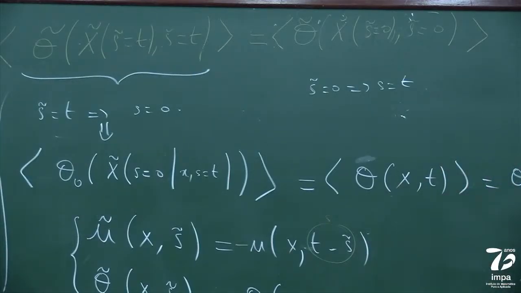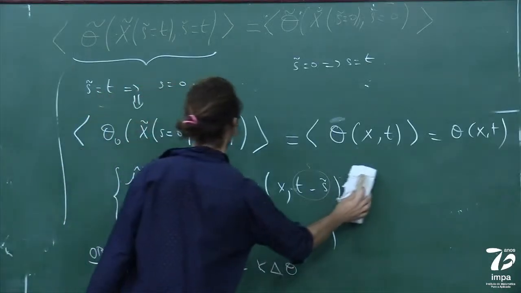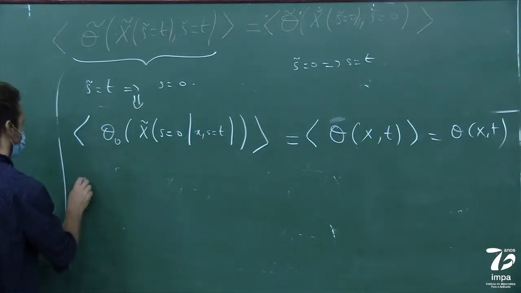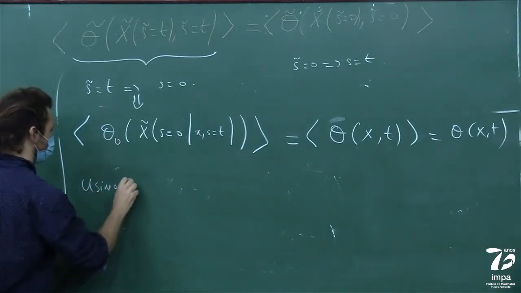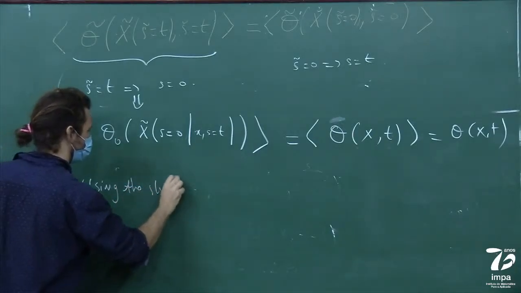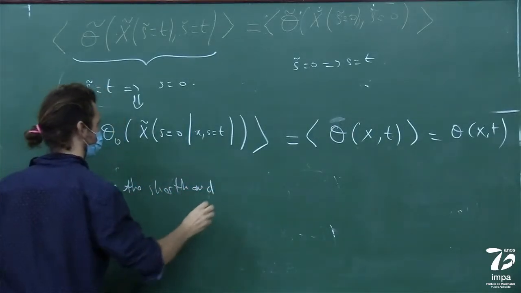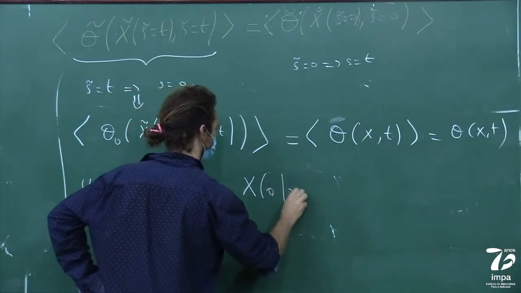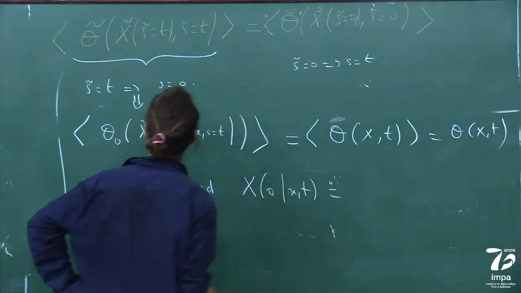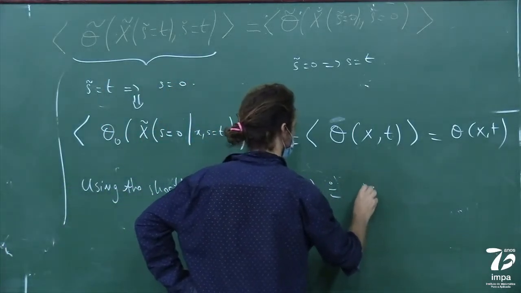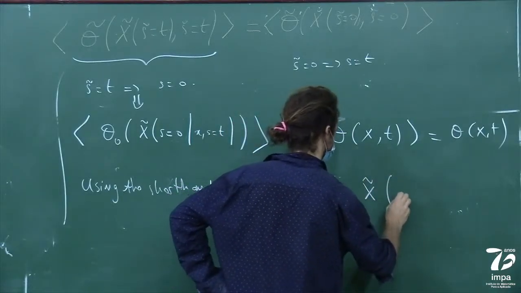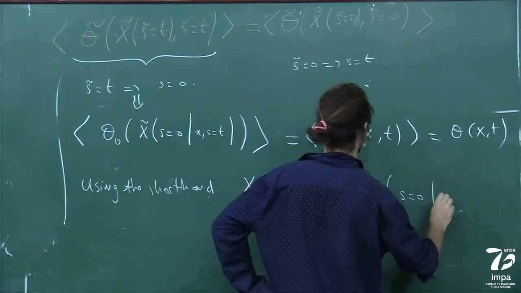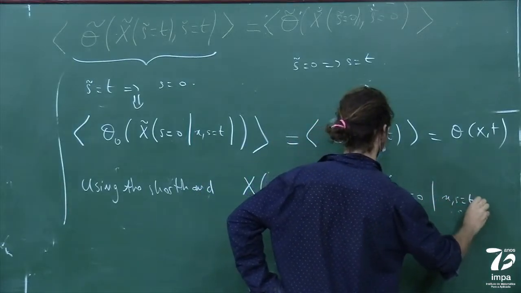Okay, and the shorthand notation that is useful: x0 xt is equal to x tilde at position s equals 0, x s equals t.